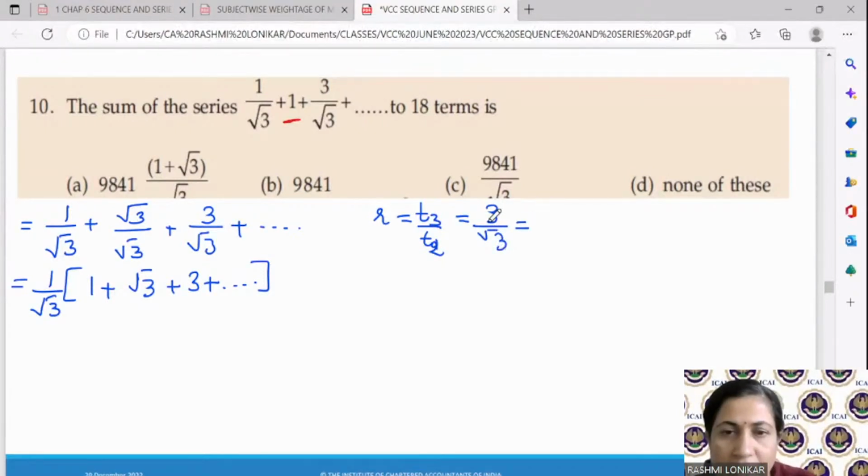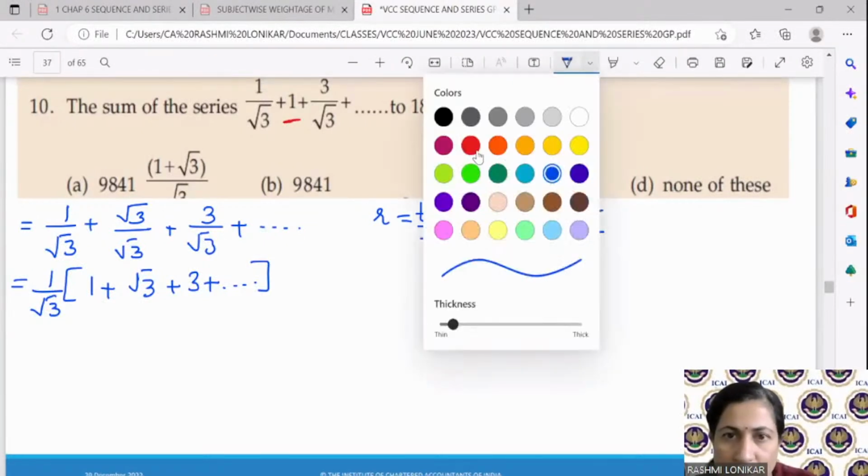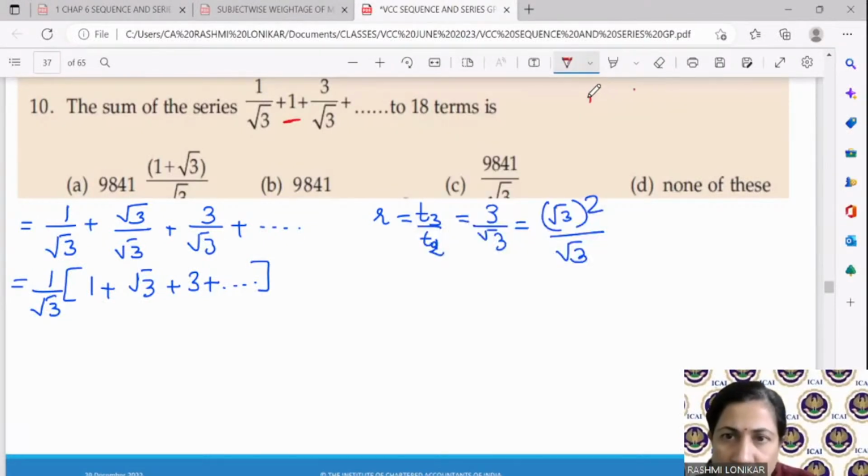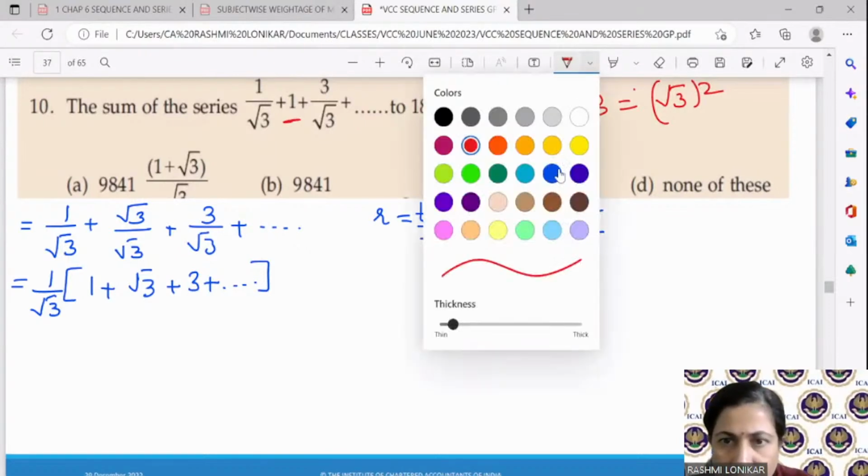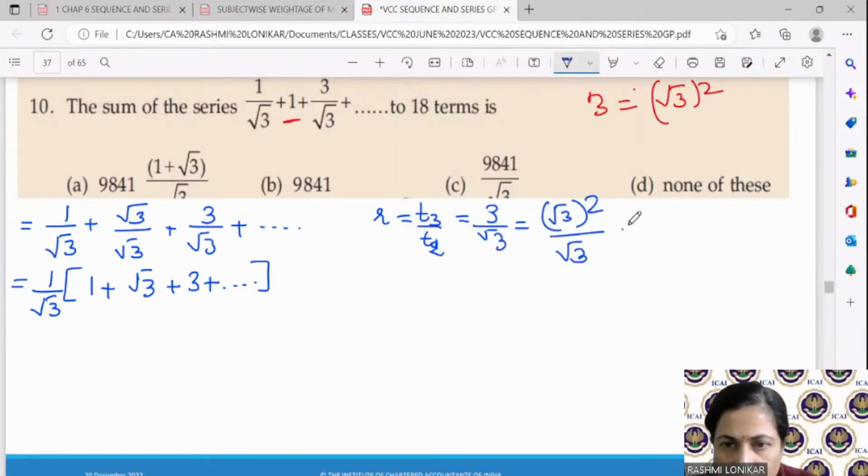Now remember in the chapter of indices, 3 can be written as root 3 whole square. Big hint, 3 is written as root 3 whole square. This is equal to root 3. Root 3 square upon root 3 is root 3.